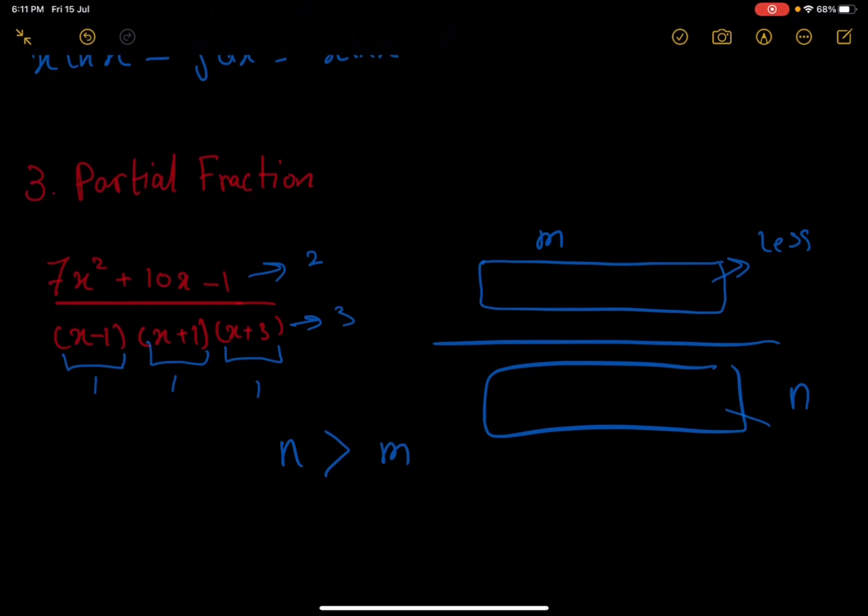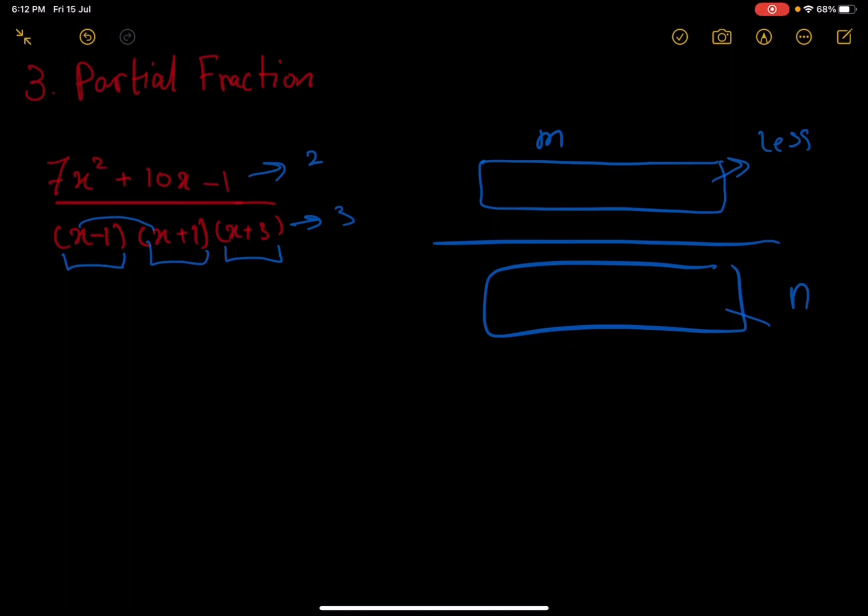When you multiply two brackets together, you get x power 2, and multiplying this with another bracket, you get x power 3. That's why the degree for this polynomial is 3. So as you can see, m is less than n, because 3 is greater than 2. That's why we're going to use the partial fraction in this situation.